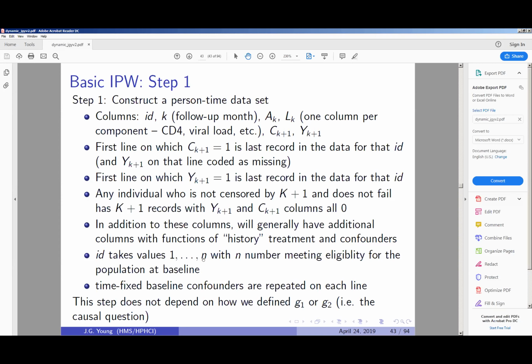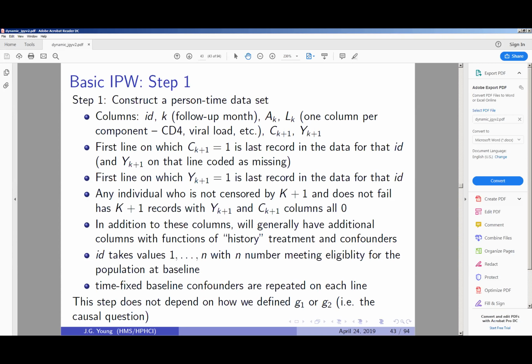And in addition to these columns, generally we're going to create additional columns with functions of history of the treatment and confounders, and the reason for that is going to be for estimating the weight denominators, and we'll talk a little bit about that. And the ID obviously is going to take values from 1 to n, where n is the number of individuals in our HIV causal example who met that baseline eligibility criteria.